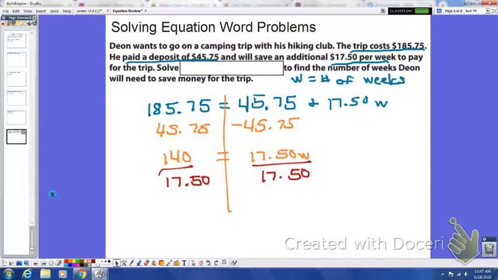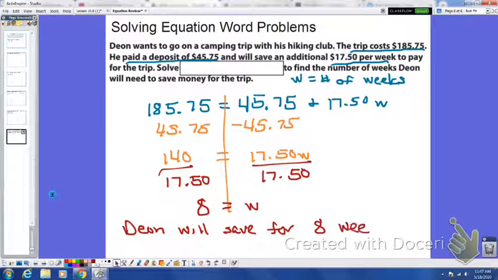So if I do 140 divided by 17.50, that leaves me with 8. That's a pretty nice 8 there. Equals W. So Dion will save for 8 weeks.